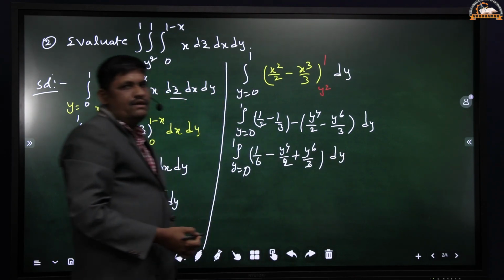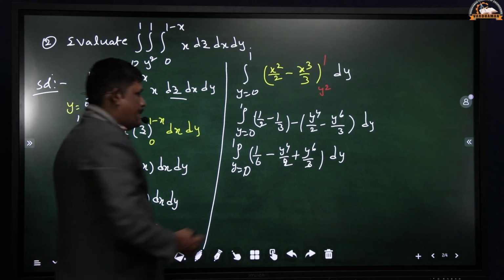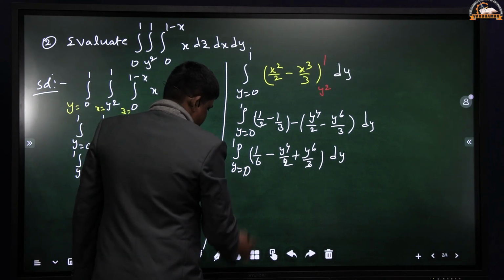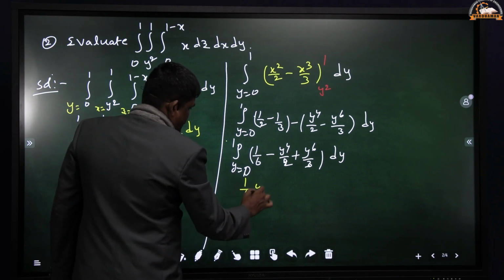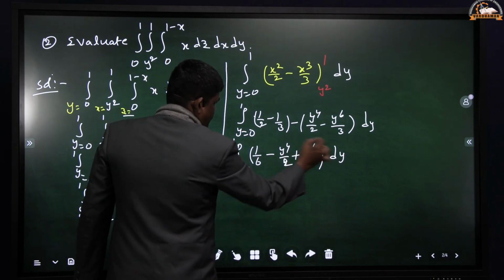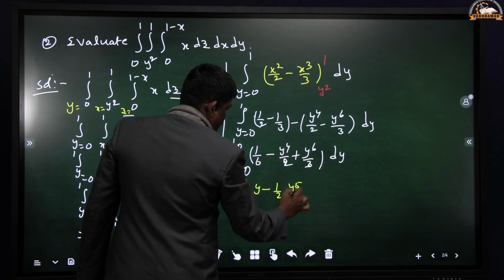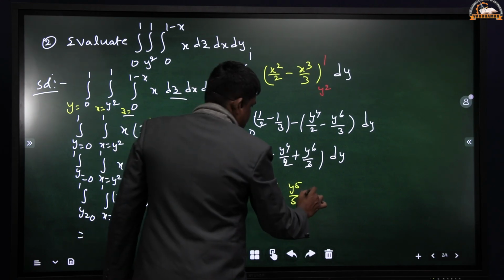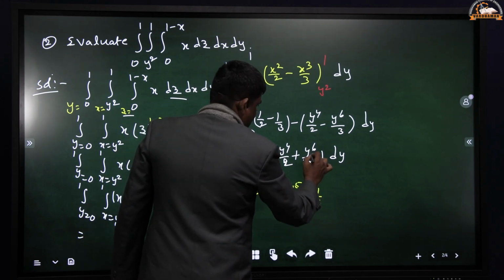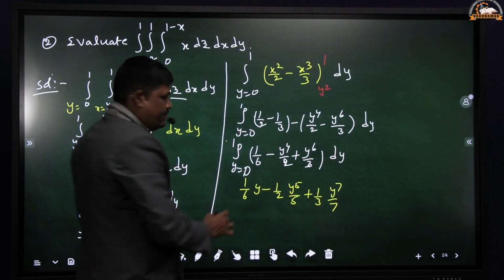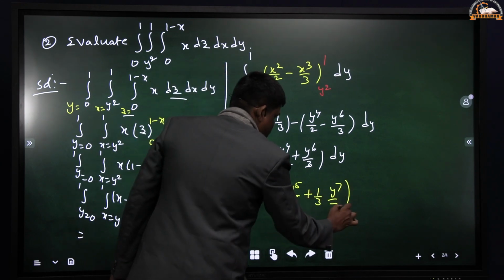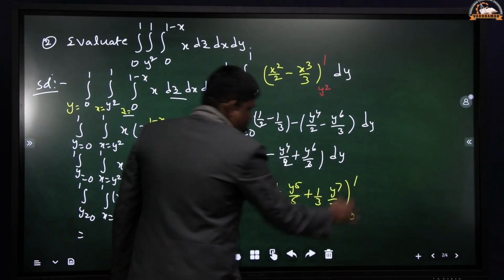Now it's time for evaluating y. Equal to 1 by 6 y, minus 1 by 2, y power 4 dy becomes y power 5 by 5, plus 1 by 3 is a constant, y power 6 dy becomes y power 7 by 7. And the limits are 0 to 1.